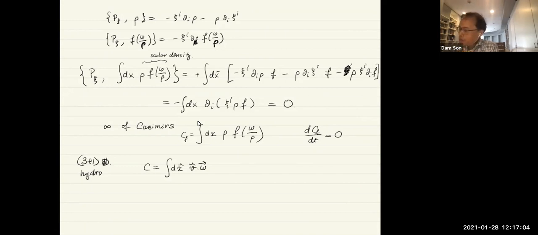I think the way that we did last time, we show that it can be shown directly, but we did that through a trick. We wrote the Clebsch decomposition of V, expressing it in terms of 3 variables, theta, alpha, and beta, and then we rewrite this as the integral dx of gradient rho times gradient alpha cross gradient beta.